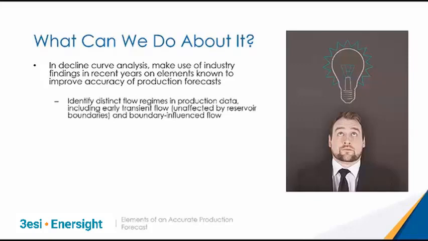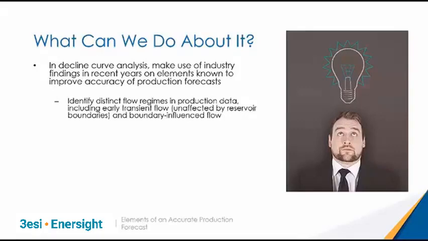Major flow regimes: first, at earliest times in a really low permeability reservoir, say a horizontal well with multiple fractures, there's going to be transient flow, and by transient flow I mean flow that has not been affected yet by reservoir boundaries.